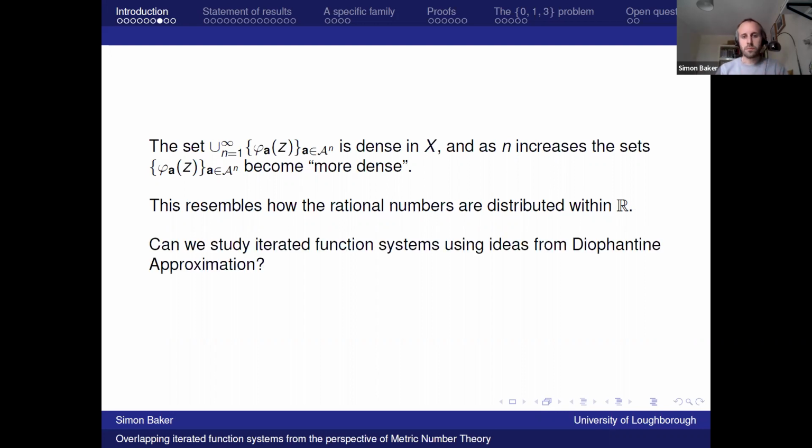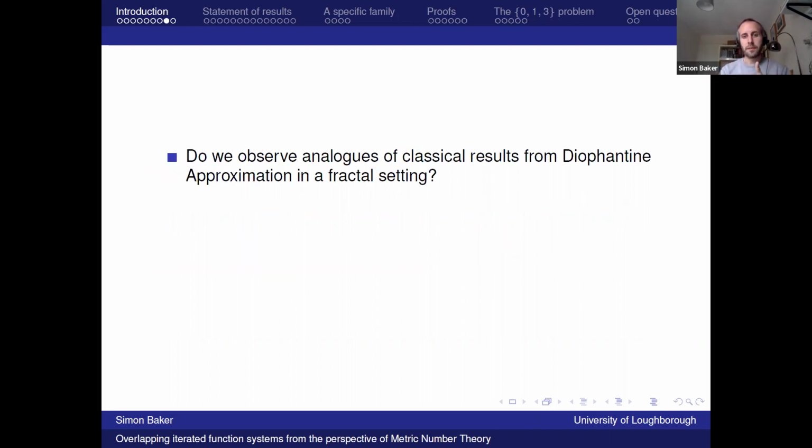So now I've drawn this analogy, we can start to ask, can we study these iterated function systems using ideas from Diophantine approximation? In particular, there are three questions which I think are very natural to study. First, do we observe classical behavior from Diophantine approximation in this new fractal setting?